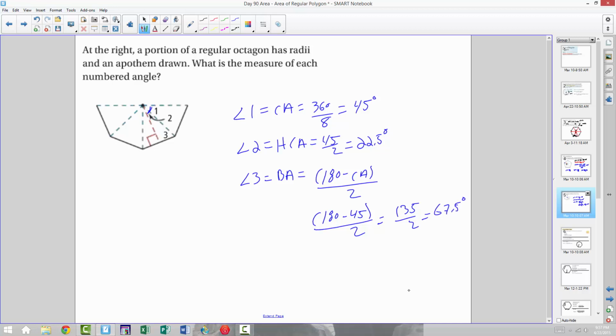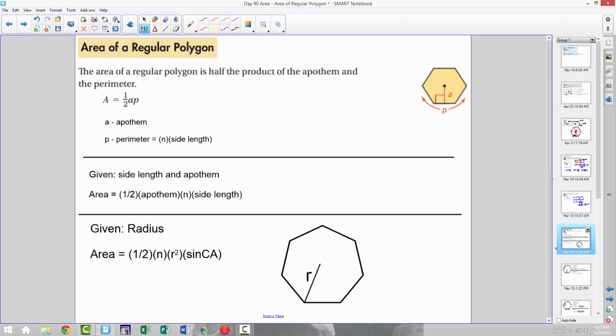Now in the next couple slides you're going to find out why we need to find these 3 angles. The reason why we need to know those 3 angles is because if we want to find the area of a regular polygon, we're going to need to know certain angle measurements of that polygon. So the basic formula for area of a regular polygon is area is equal to half times the apothem times the perimeter, where perimeter is equal to n times your side length.